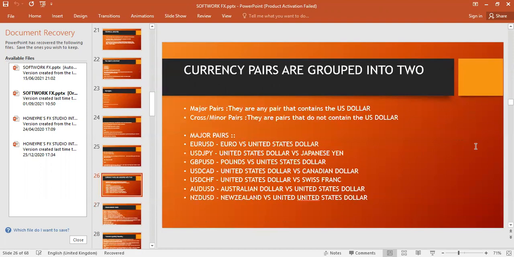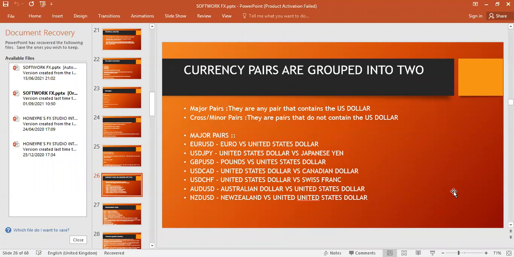Currency pairs are grouped in two major categories. We still have another one, but I'll be mentioning it. We have the major pairs and we have the cross or minor pairs.